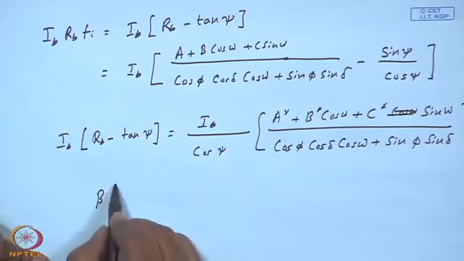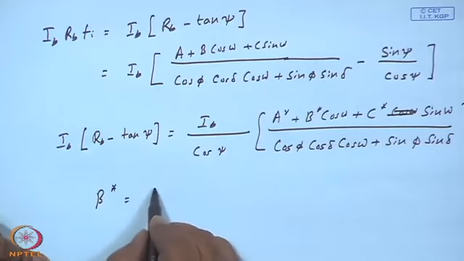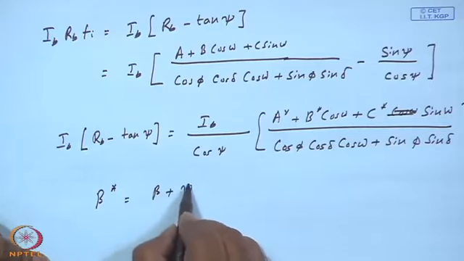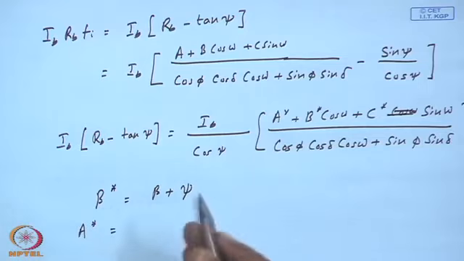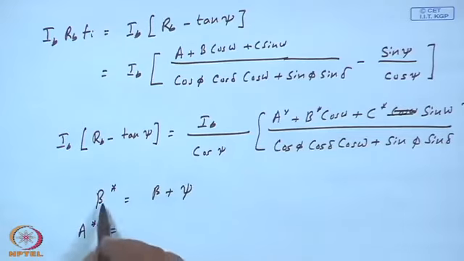So, beta star is beta plus psi, and A star is same as your ABC, except that beta is equal to beta star.